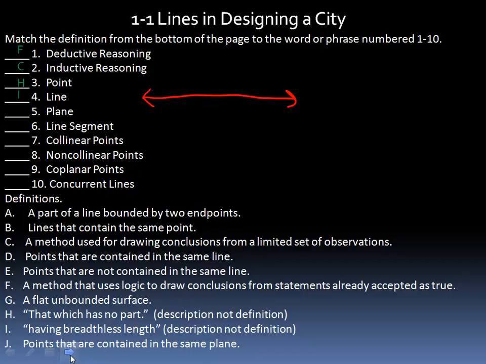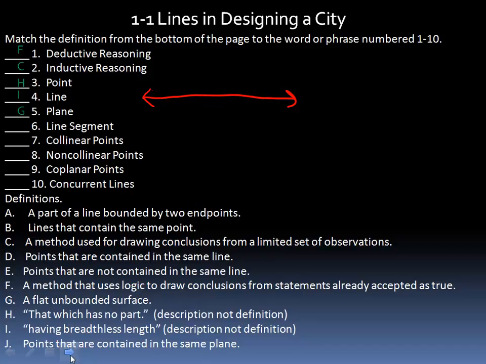All right, and then what's a plane? In describing it, we often talk about it being something like a table, but that's not a very good description. It's a flat unbounded surface, and it's kind of like the line. It goes on endlessly in all directions.